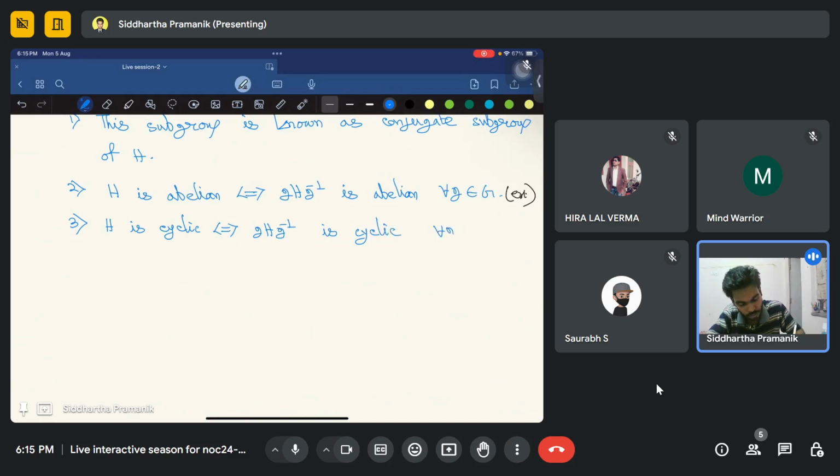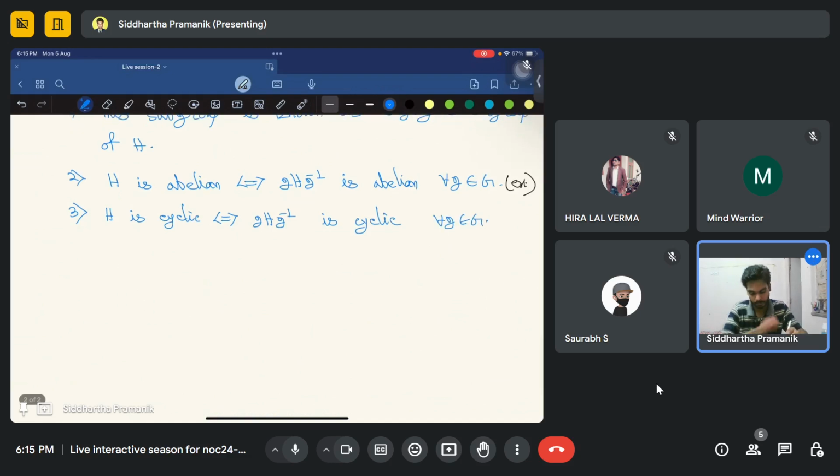And this is also true for every element g of G. So if H is generated by small h, then this is if and only if the subgroup gHg inverse is generated by this element.